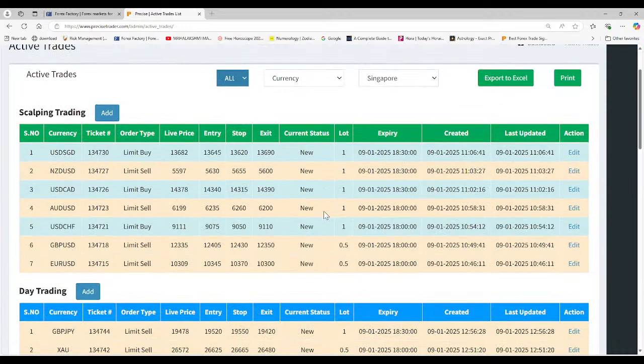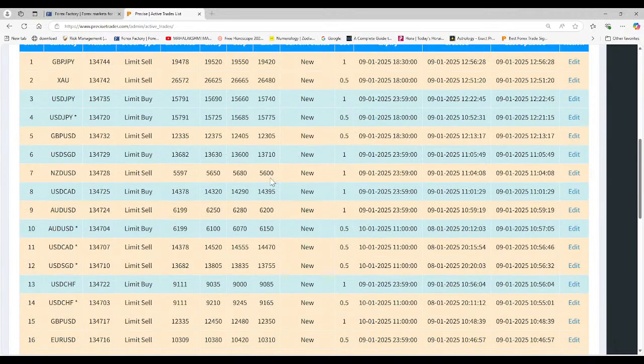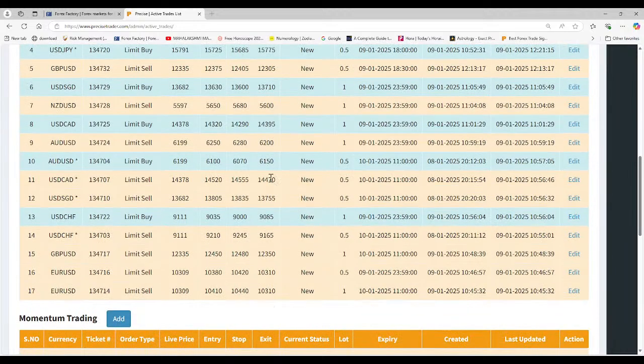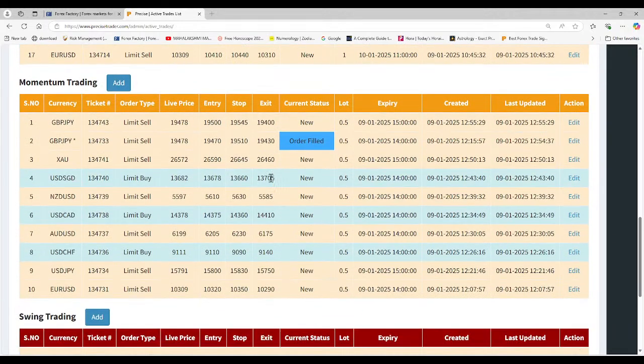For those of you who come in late, if you want to take a screenshot, you can take a screenshot. This is a scalping trade. This is a day trading trade. You take a screenshot and you key in. Then this is your momentum trade.